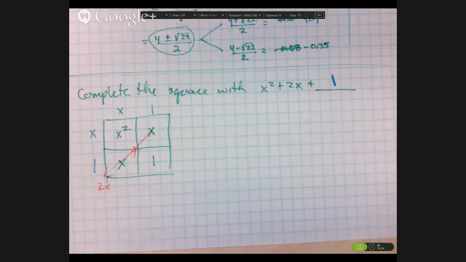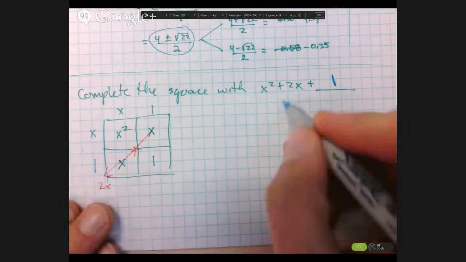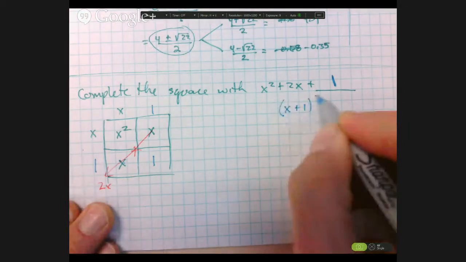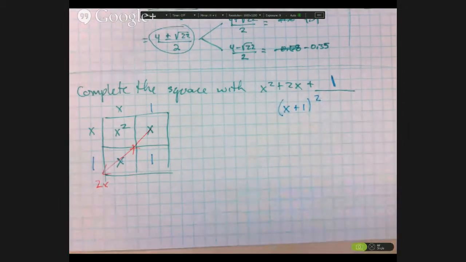All right, so that's another method, right? So geometric, pure algebraic, or kind of a blend of the two. Take your pick. This one I find super easy. And then always remember to write it as a completed square.